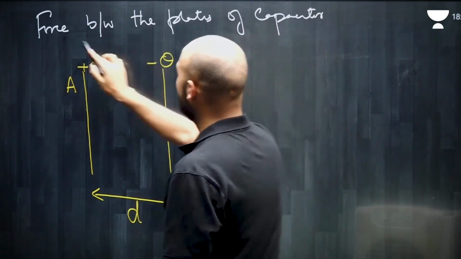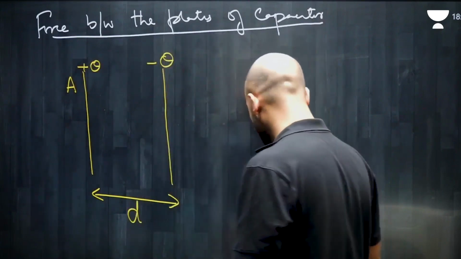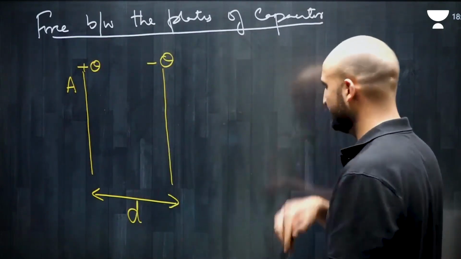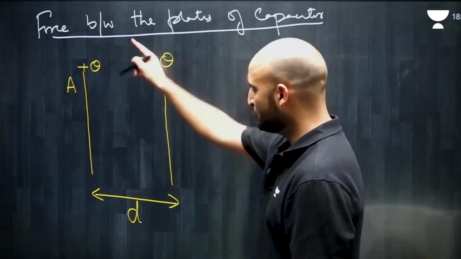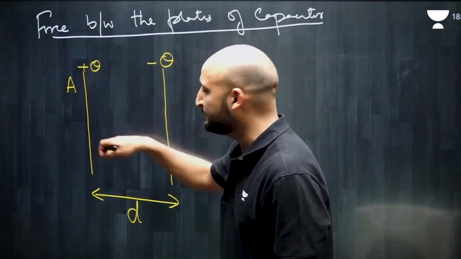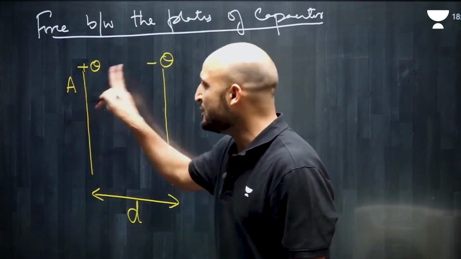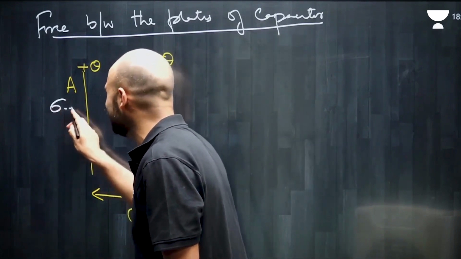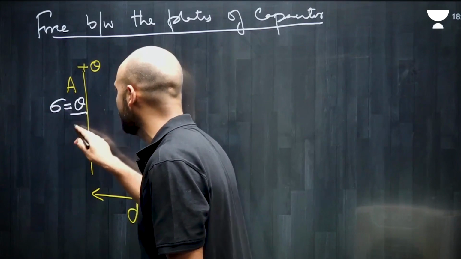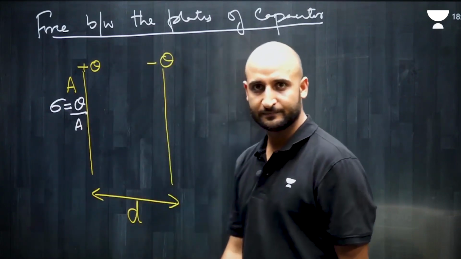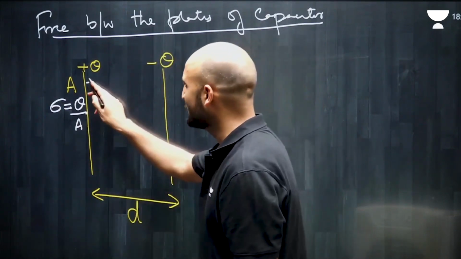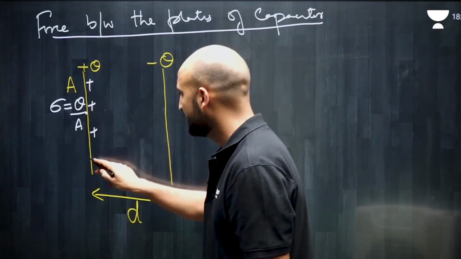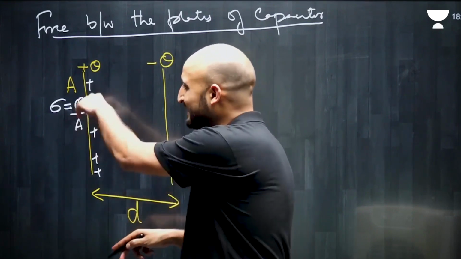Now you see, what's the charge on this plate? It's plus Q. What's the area of this plate? That's A. What will be the charge density on this plate? Sigma. That will be equal to Q divided by A. Right? So the positive charge is here, and the charge density is sigma, that's Q by A.